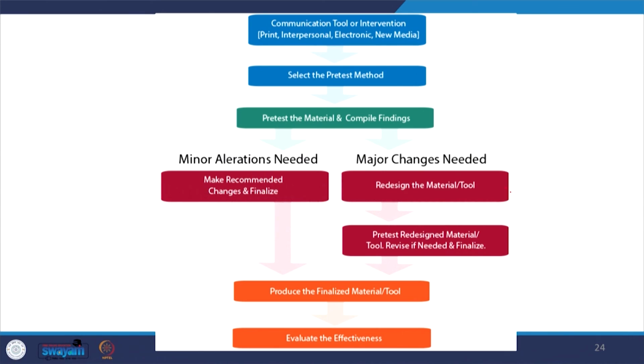If minor alteration, then that should be corrected and we produce the final material, tool, design or survey. If it is major, then redesigning is necessary, and accordingly we can finalize our schedule. All this process will help us to evaluate the study very effectively.